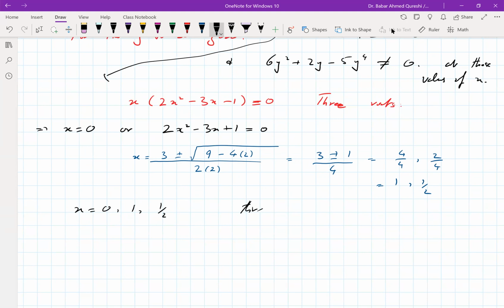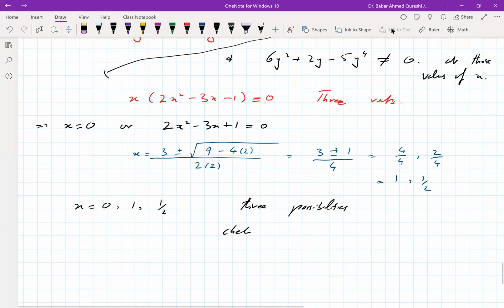Three possibilities. Check this value at these points.